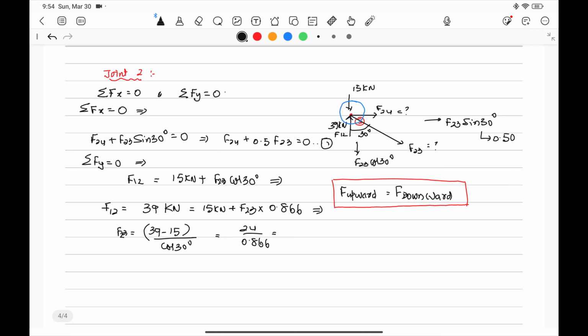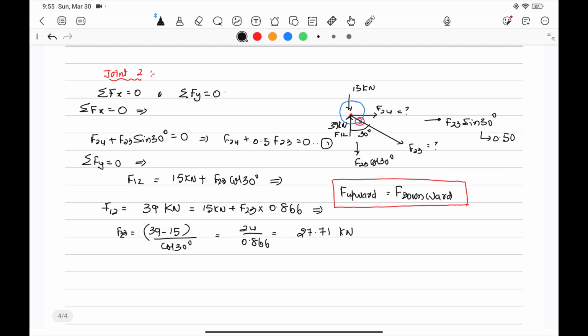(24 divided by cos 30) = 27.713. Let us take 2 digits. F23 is, and whatever direction we have found for F23 need not be changed because the value has come positive.